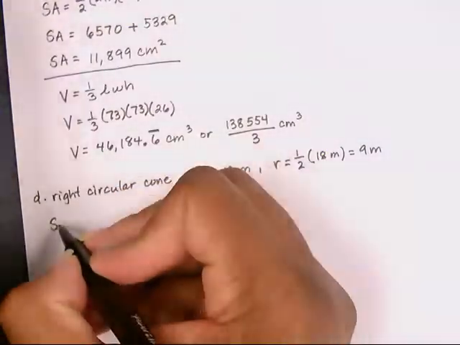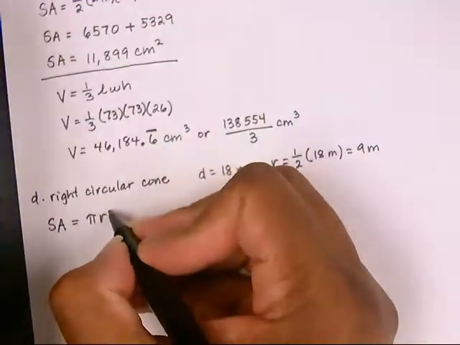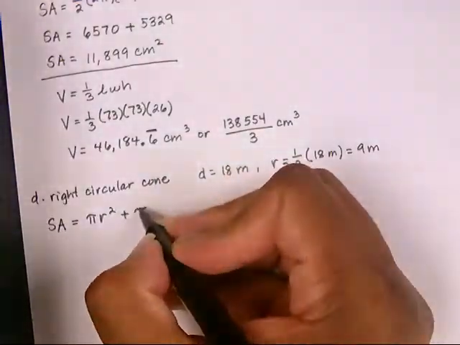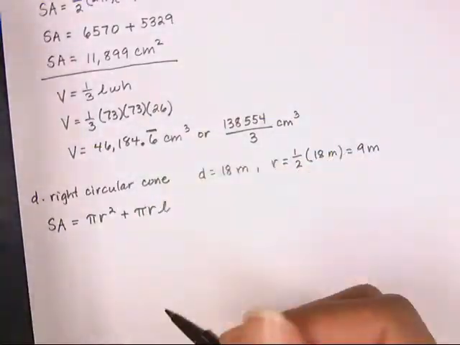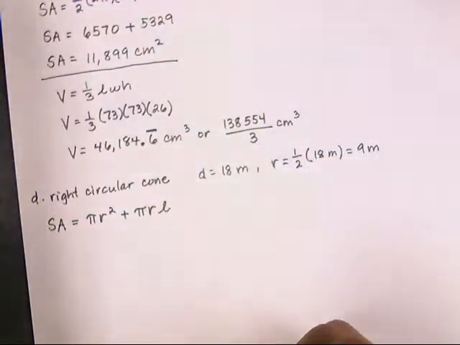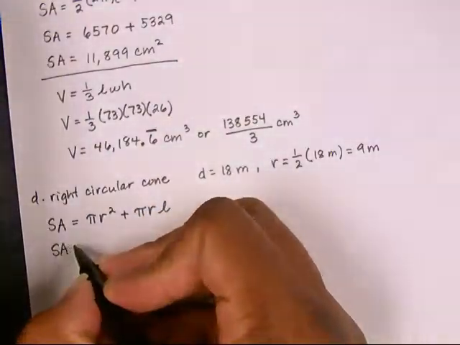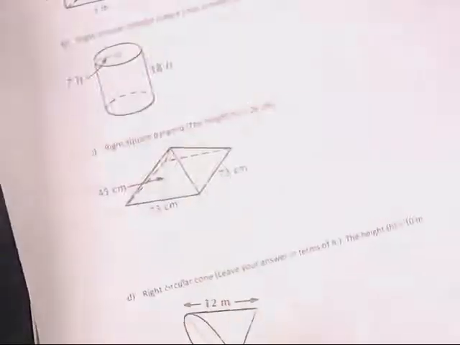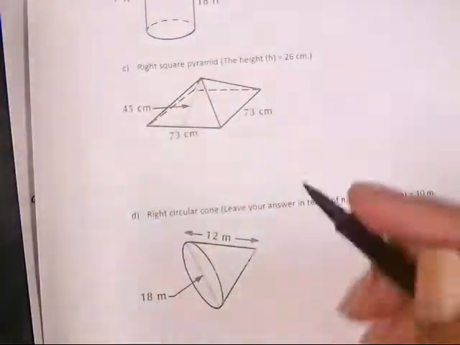Now for the right circular cone, the surface area is going to be pi times the radius squared plus pi times the radius times L, which is your slant height. That's the height on the face of that cone. And in this case here, here's your slant height. That's your 12 meters. Okay?